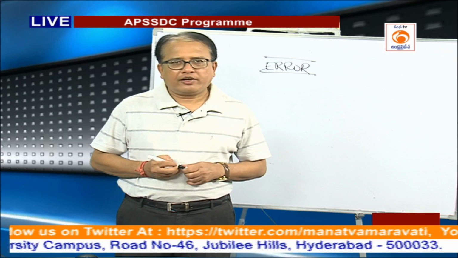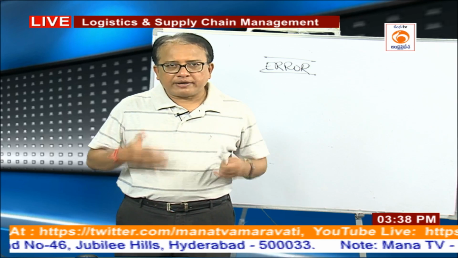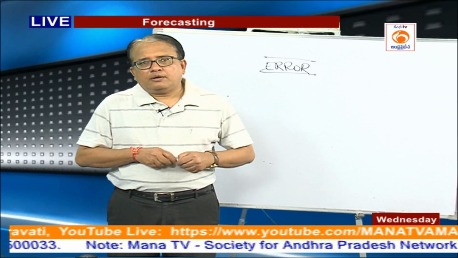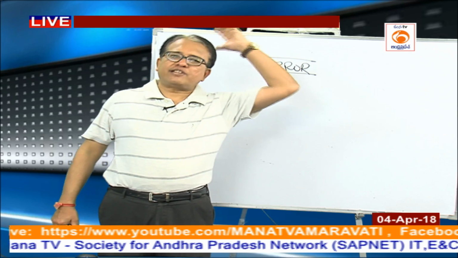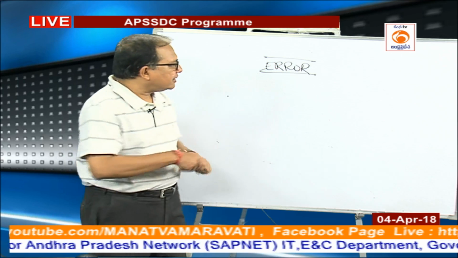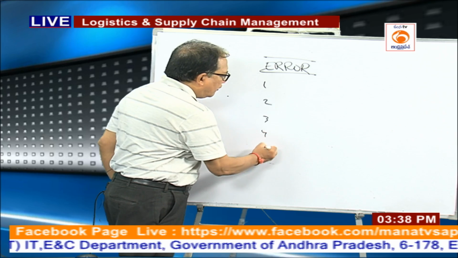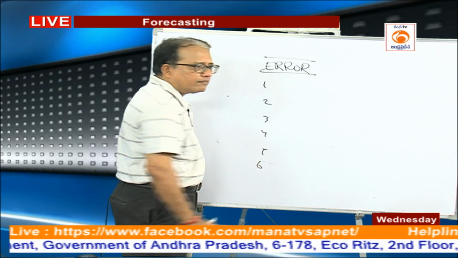So, I can see my demand today, fair enough. I can see what my demand is in the current period. But did I see what I forecasted in the previous period? That means period 1, 2, 3, 4, 5, 6.